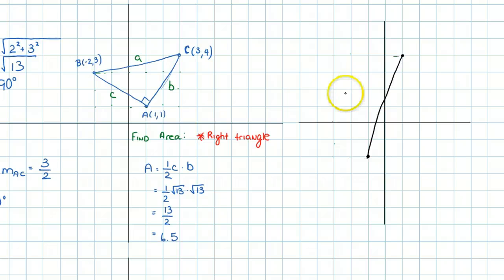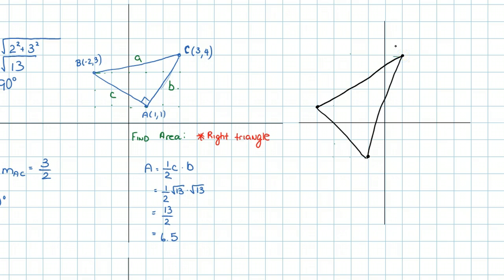Let's go to here. That doesn't look like 90 degrees now. So here's a triangle. It looks like it might be 90 degrees, but I'm pretty sure that this one isn't. And again, we could check that using various techniques.